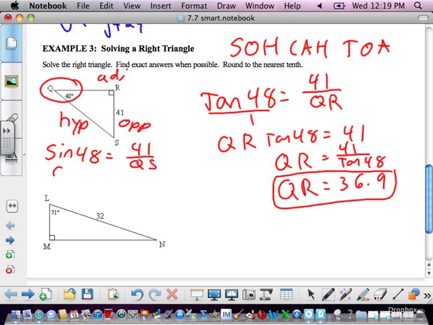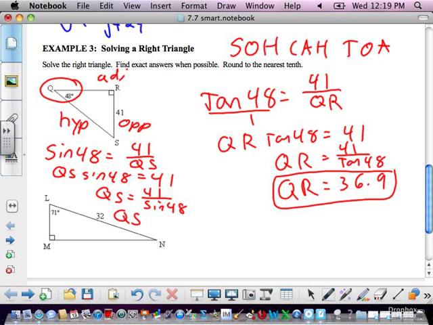I cross multiply. QS sine of 48 equals 41. I divide 41 by the sine of 48, which gives us 55.2.